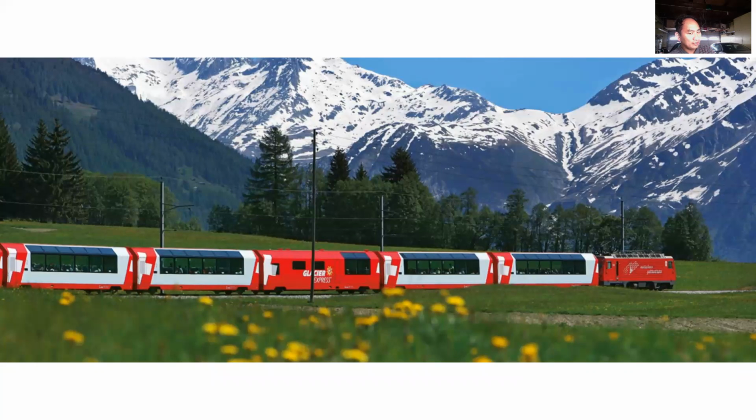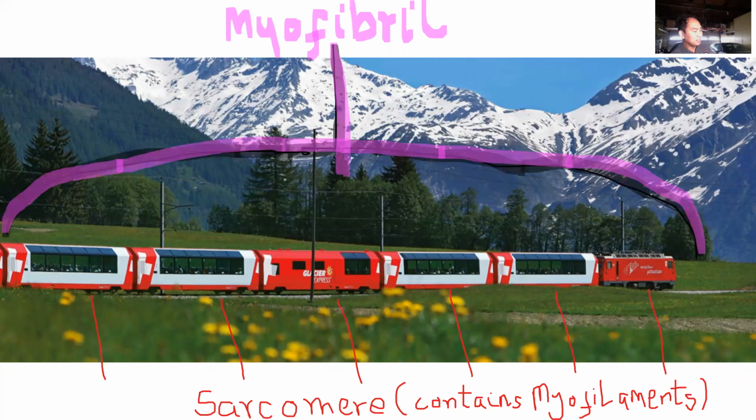Let's say we think of this train as a myofiber. In other words, if we take each individual coach as a sarcomere, which is the most basic functional unit for skeletal muscle. So one coach is one sarcomere.